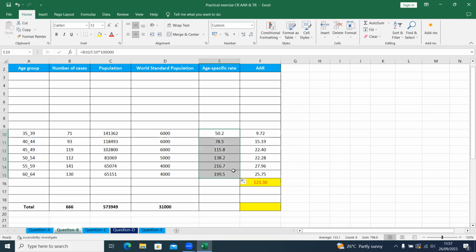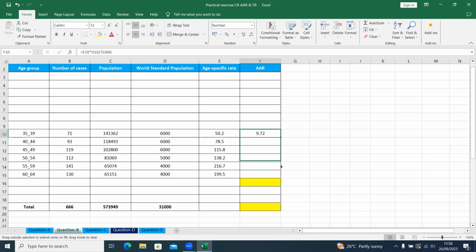Now the next step is age specific rate into world standard population of that age group divided by 31,000. 31,000 is the addition of world standard population from the 35 to 64 age group.